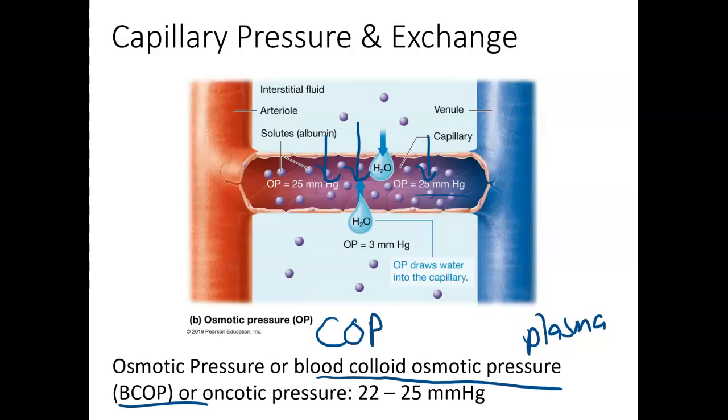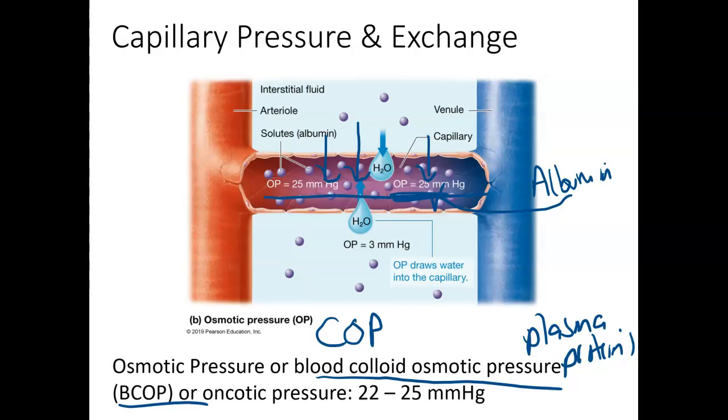Remember, one of the jobs of plasma proteins was to maintain the osmolarity, the osmotic pressure of your blood. You might remember that the most abundant plasma protein is albumin. One of albumin's main jobs is to always be in your blood. It should never leave because it's maintaining the osmolarity. We need stuff in our blood to maintain the osmotic pressure, and that should be constant.